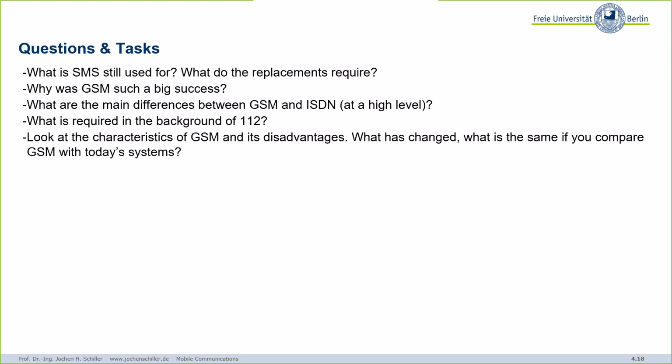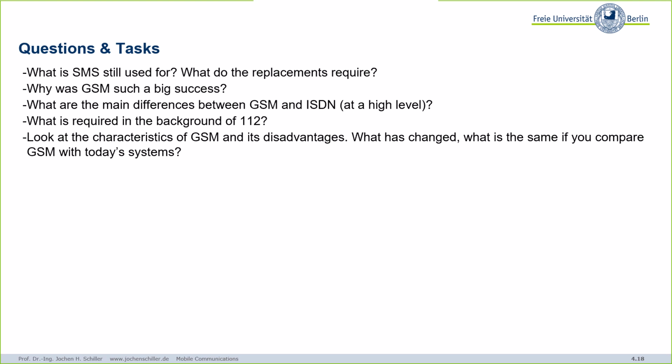But what is the same? What is still a disadvantage? Still the same problem as we had with GSM. Encryption, exactly. We don't have real strong end-to-end encryption. So the system is not better than any of the fixed phone systems.